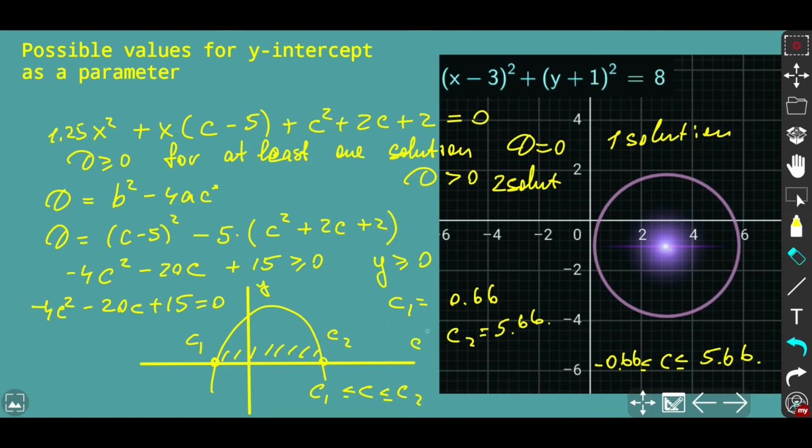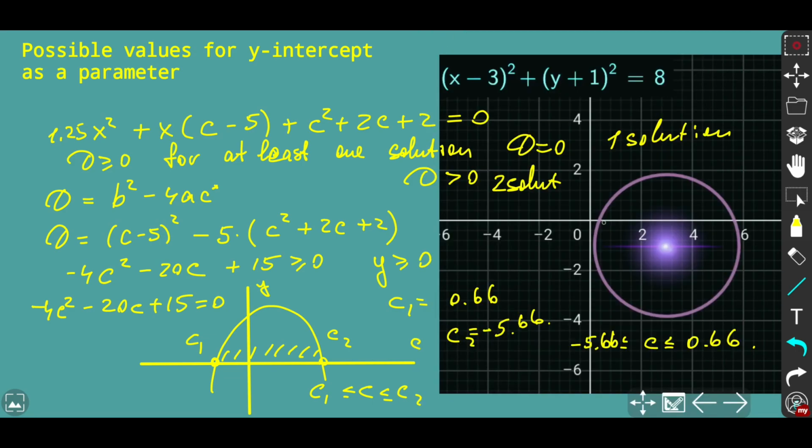So now that's correct. And I just make some adjustment to the final answer because I did it by using estimations. So, okay, c from negative 5.66 up to 0.66. That will give the correct answer for at least 2 points of intersection.